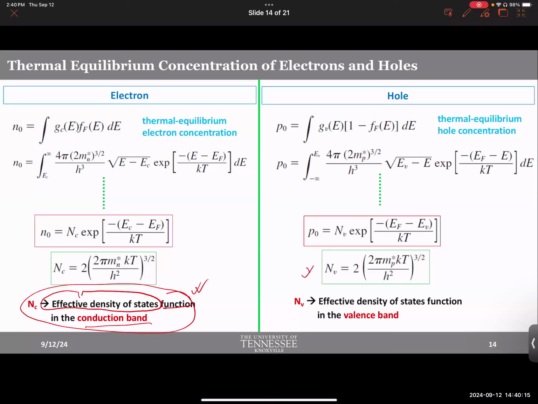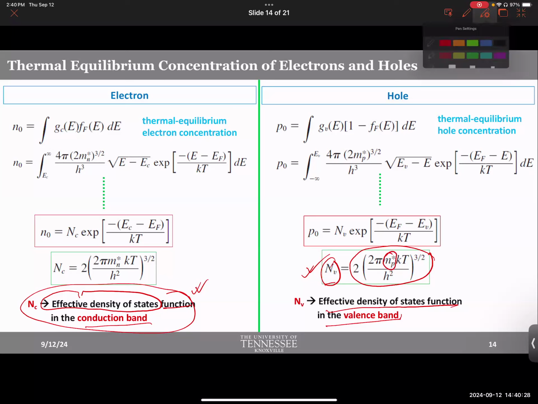Okay, so the same thing applies to NV, which will be the effective density of state function in the valence band. And it had a similar structure as NC, except for one aspect. Instead of the effective mass of electron, we had the effective mass of holes.